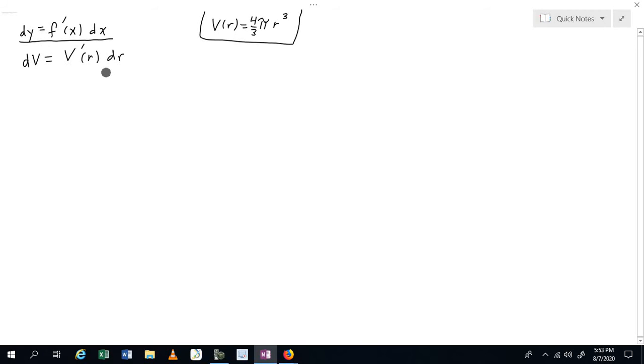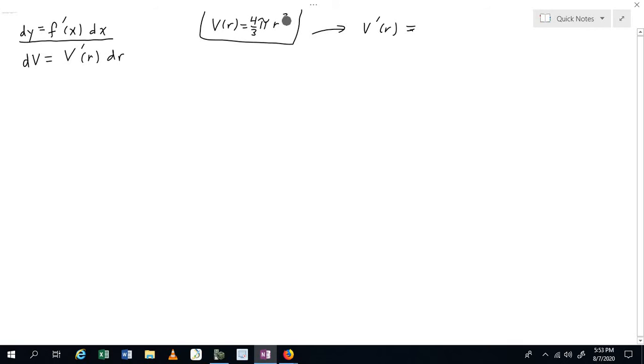Okay, so let's apply this to this formula and find the differential change in the volume. When you do this, there's a few things you need to figure out first. The first thing you need is to find v of r, and in this case, that's the volume of the sphere. And then after you find that function, we're going to find the derivative of it, so v prime of r. To find the derivative of this, the 4/3 pi is just a constant.